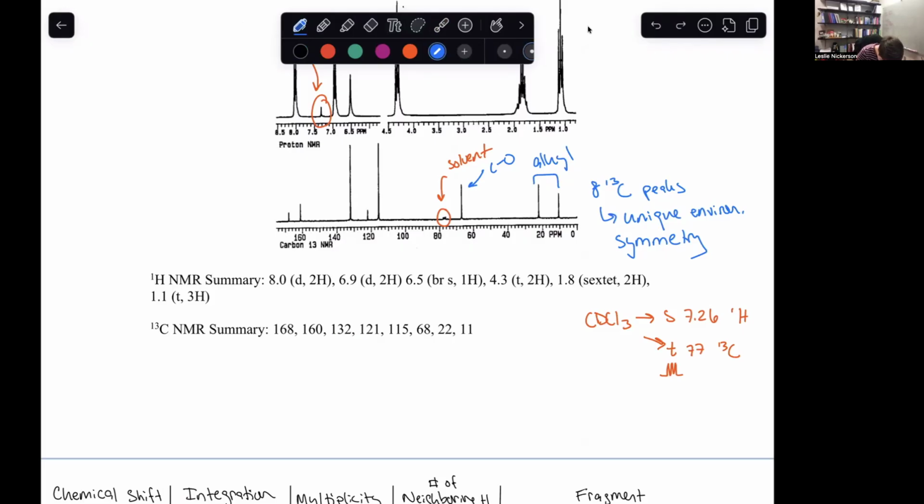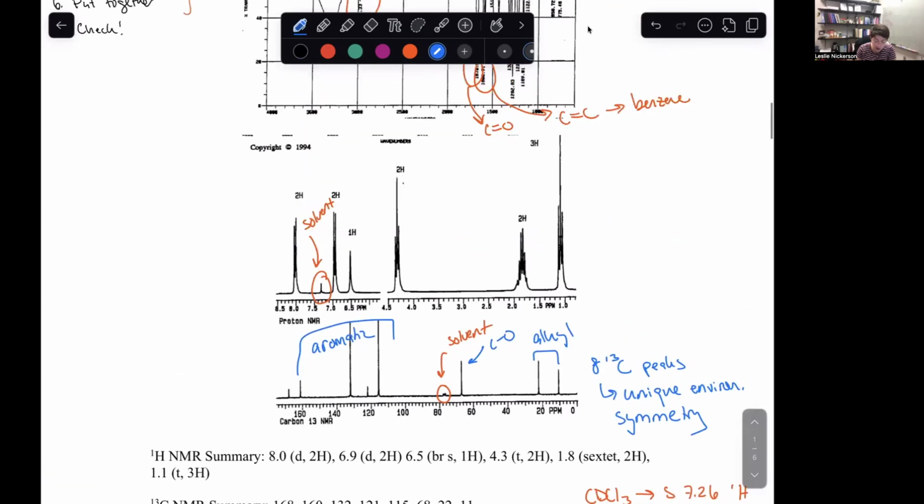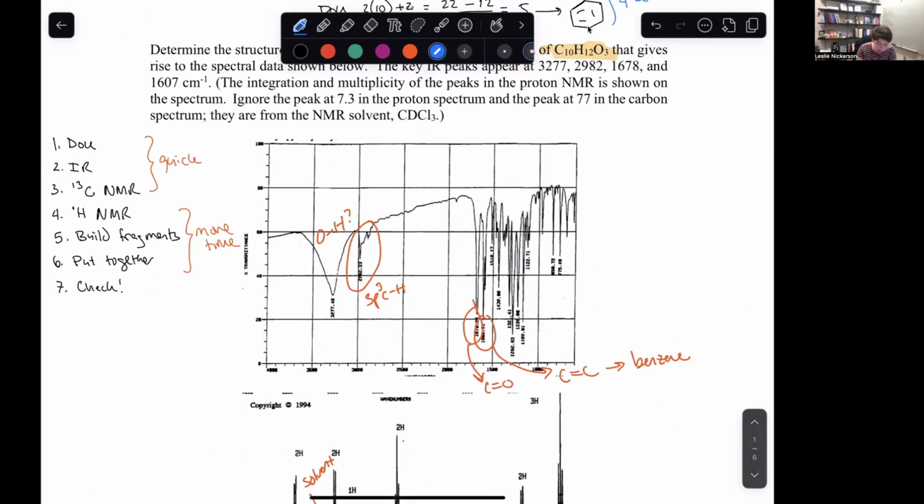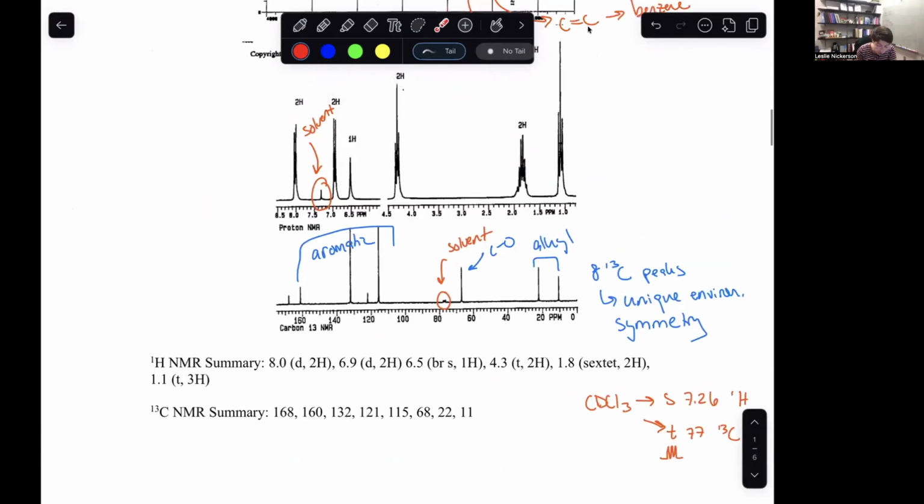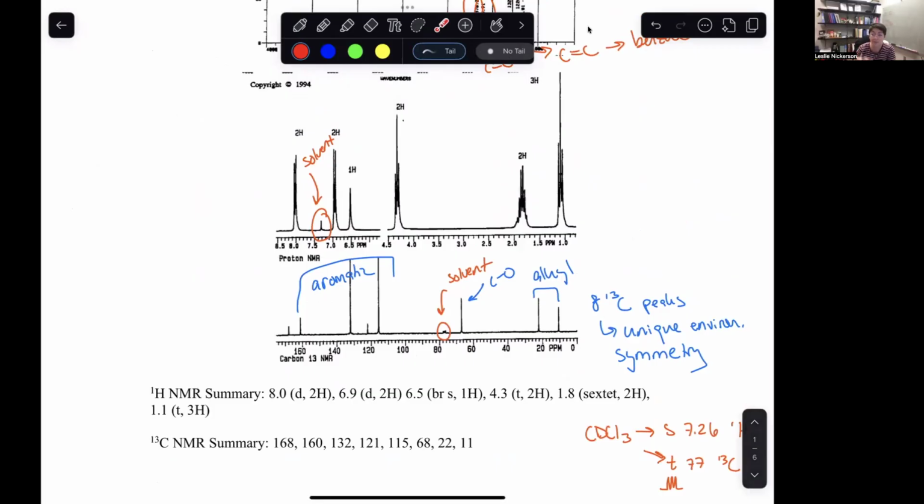Over here, I have my aromatic region. And we can see that pretty nicely just because we have our degrees of unsaturation. We've got that benzene kind of poking out at us in the IR. So we know to look for it. We're kind of already tuned to look for these things.